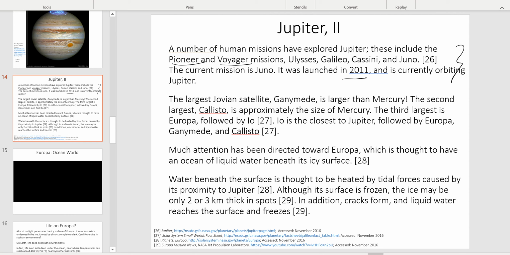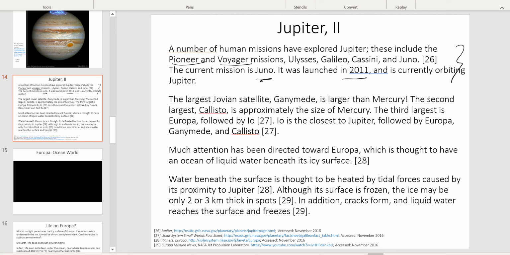I thought I had a whole slide on it, but I don't. Juno is looking at mapping the gravitational field of Jupiter, as well as exploring the magnetic field in more depth. All right, that's all I want to say about Juno.